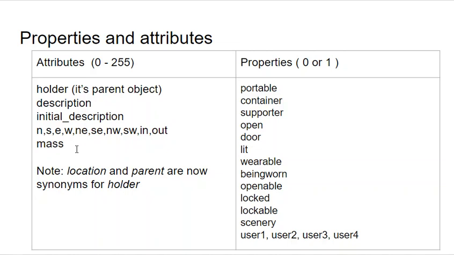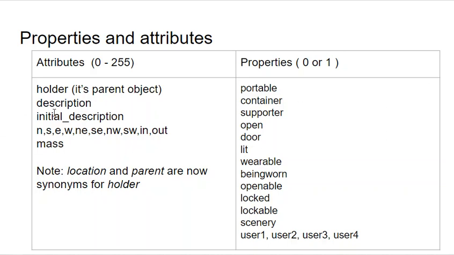And there's an amount that the player can carry. And if you want to have puzzles, like, you can't carry the two large things at the same time, you can assign a mass to the two big objects, and that way the player wouldn't be able to carry both of them. I think the player has a maximum inventory of 25, like 25 pounds or something like that, the player can carry. And then those are the attributes.